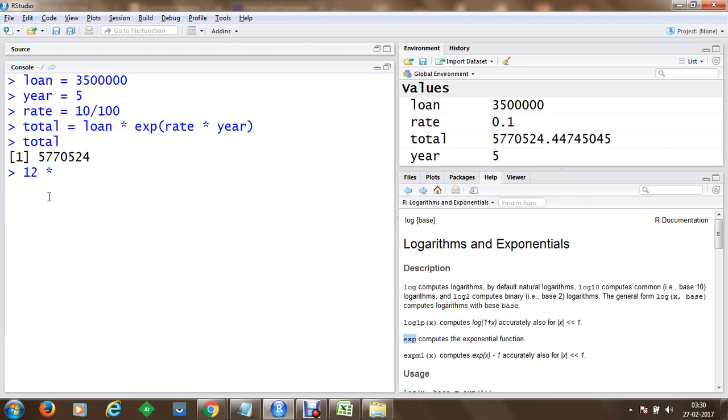For every month multiplied with 5 years, we have around 60 months, so we are going to divide 57,70,524 by 60, and this will be the actual amount which we will be paying every month to the bank. So it's like 96,175 rupees has to be paid per month to the bank in order to own an Audi car at an interest rate of 10% for 5 years.